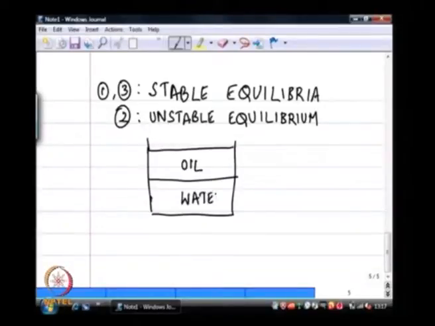So, I have a beaker of oil sitting above water in a gravitational field, just like that. What do we learn from this? Oil is lighter than water. So, this is an equilibrium condition.